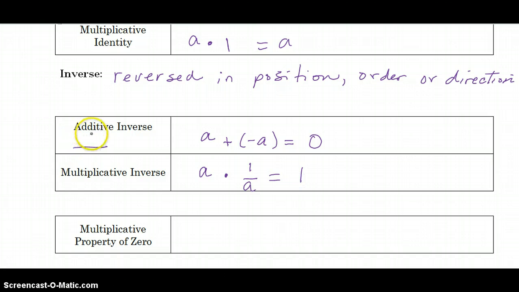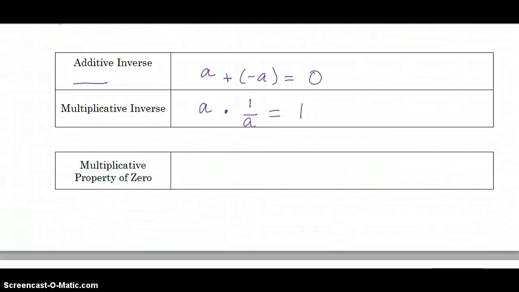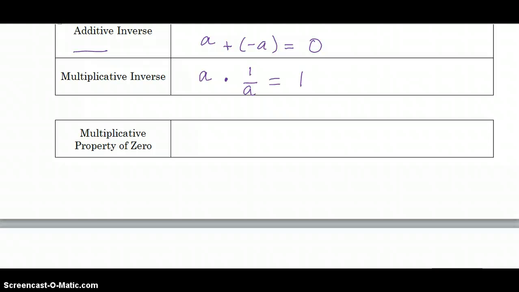So notice that the additive inverse ends up with 0, and the multiplicative inverse will always end up with 1. We're going to practice this with some numbers in class, so just copy these notes and we'll refer back to them as we start working through some problems.